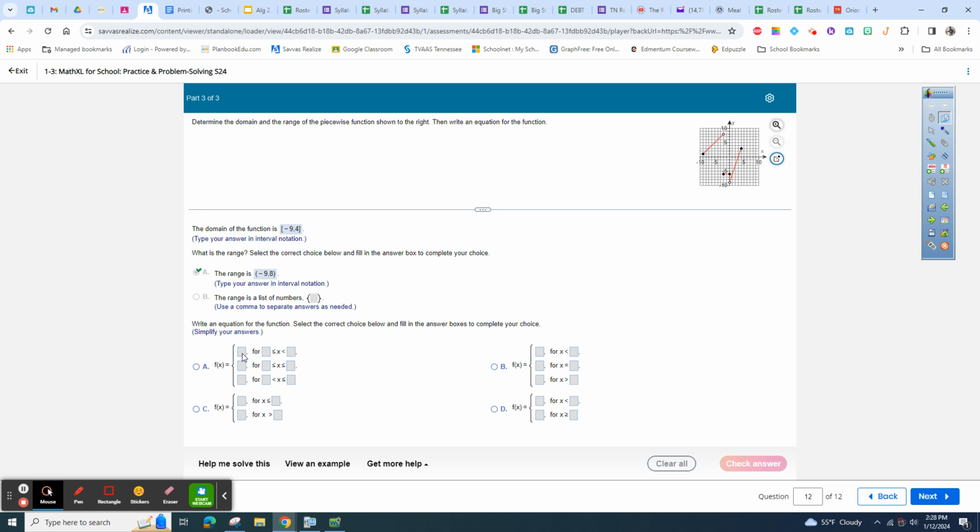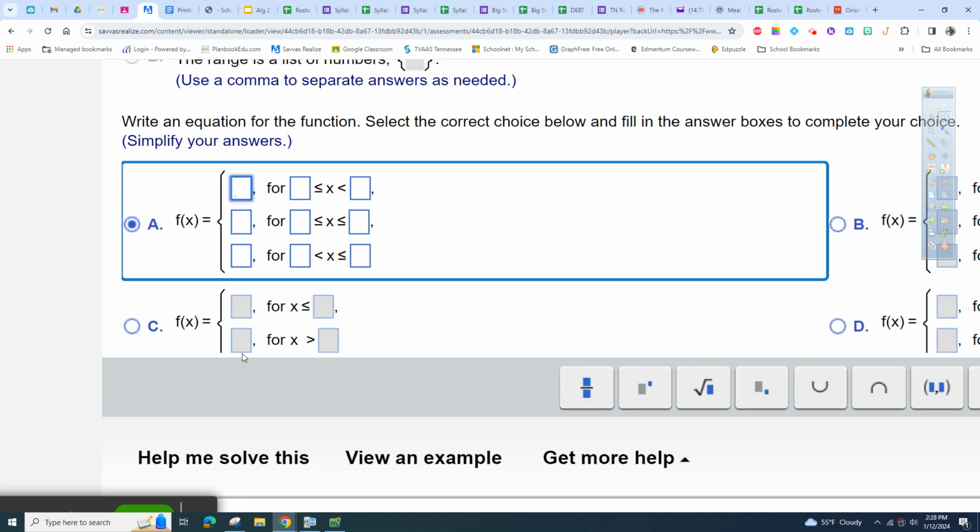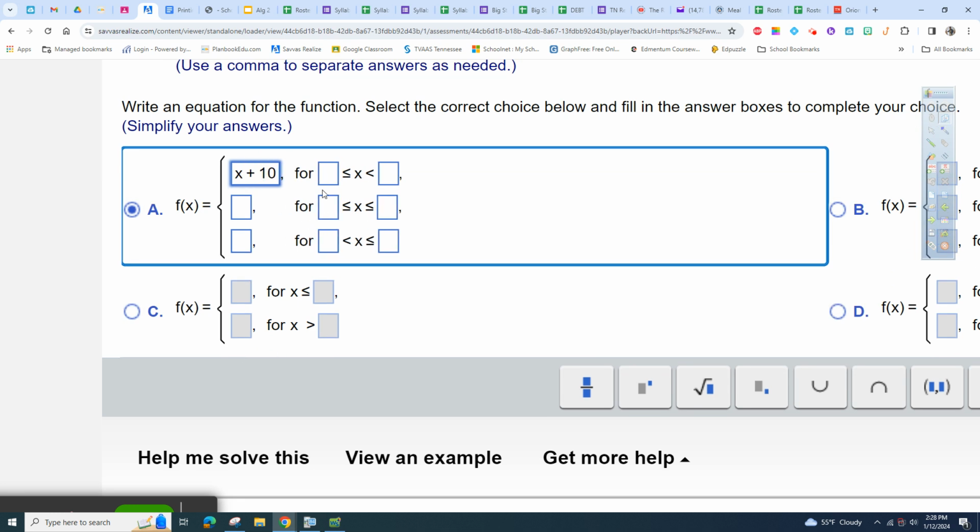And let's type in some stuff here. We said that was x plus 10, -9, -2, then y equals -6 for the constant, -2 here, 0, 0, 4, and then this was 3x minus 9.